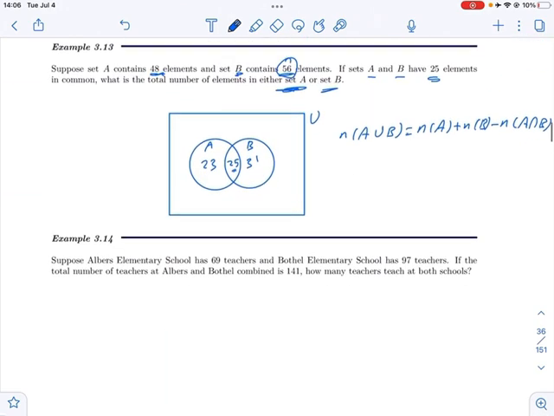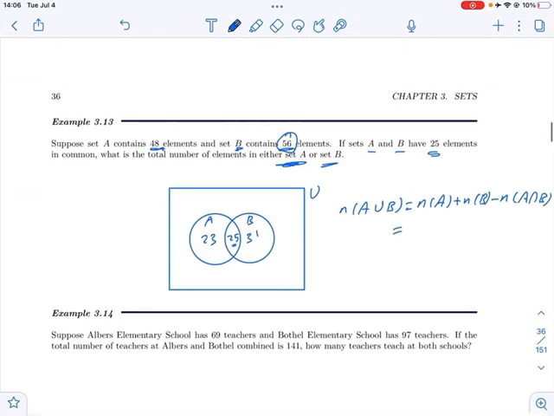And now this is the number of elements in either A or B, because the union, let me write it here. This is union, and it's usually read as OR. And this is the intersection, and this is usually read as AND.